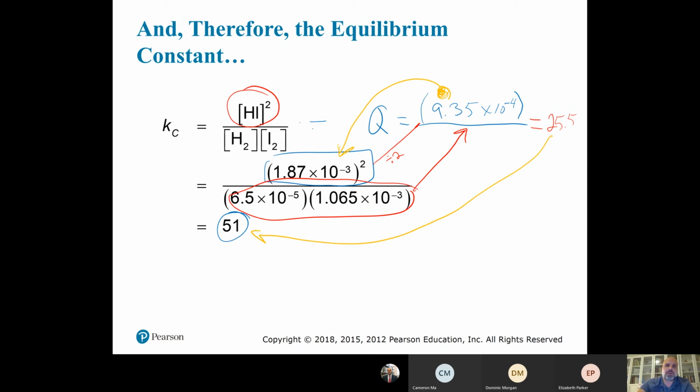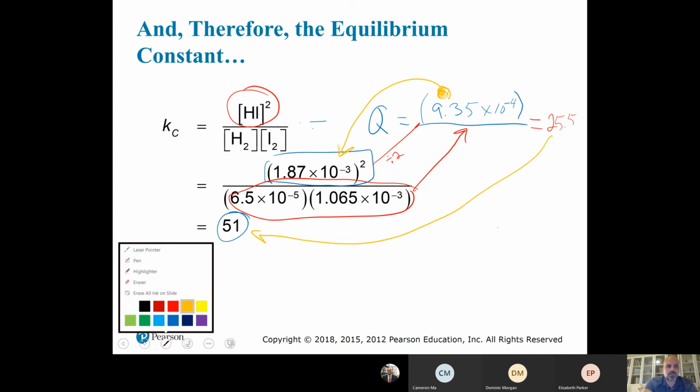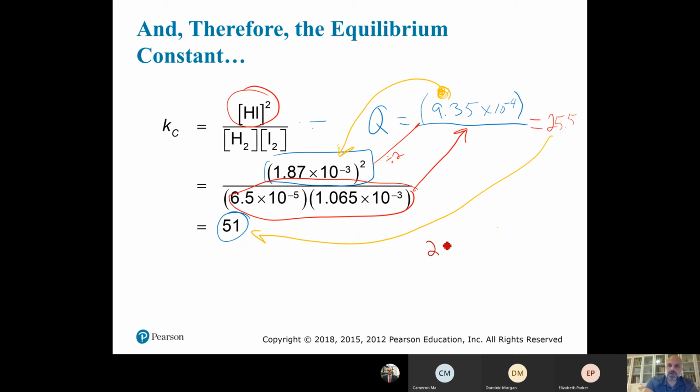The easiest way I want you to think of this is, when you're comparing these numbers, you have 25.5, and you're going to need to multiply it by some number, which we'll call x over y, in order to make it equal to 51.